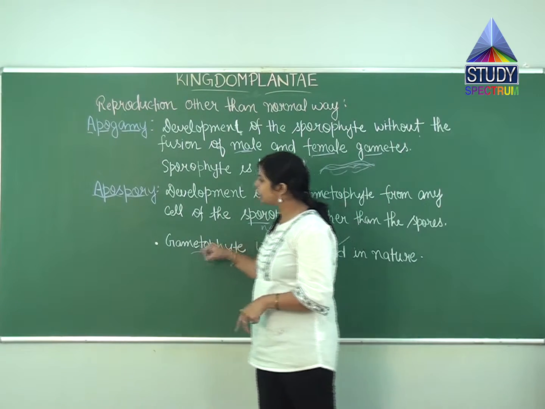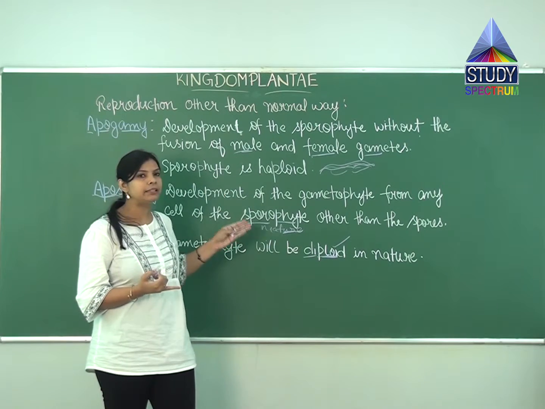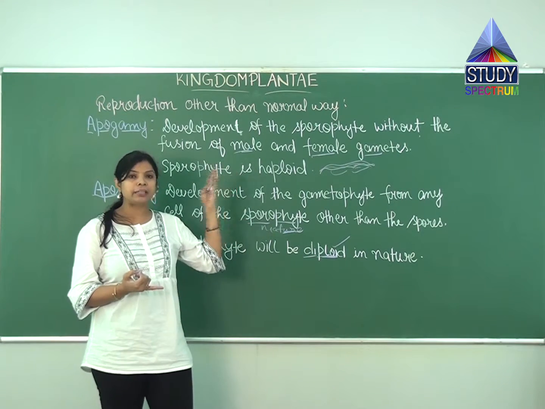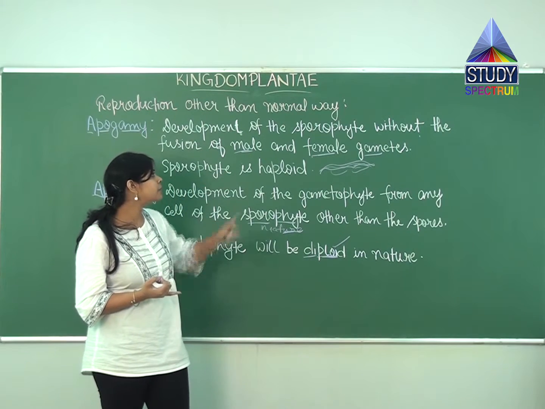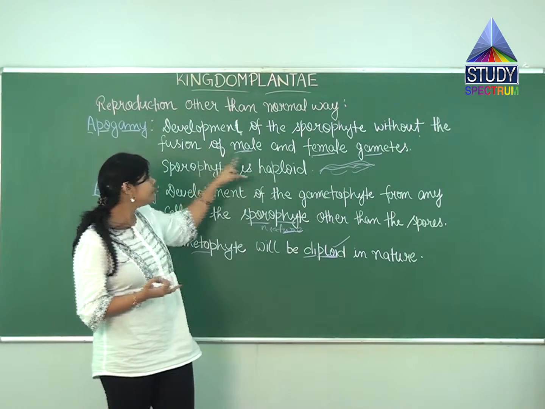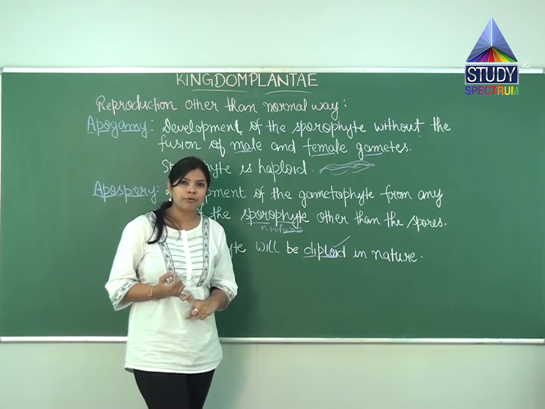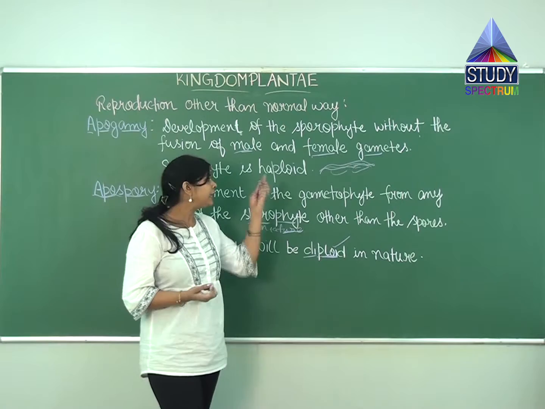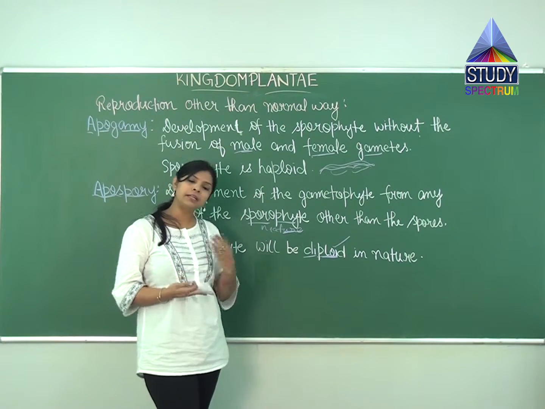So this is a different method other than the sexual alternation of generation. If I talk about apogamy, the sporophyte is formed without the fusion of male and female gametes, so the sporophyte will be haploid in nature. It is the opposite of what we saw earlier, where the sporophyte was diploid.